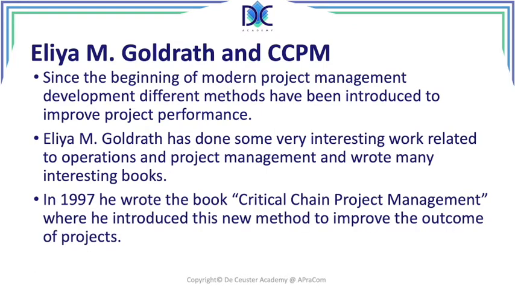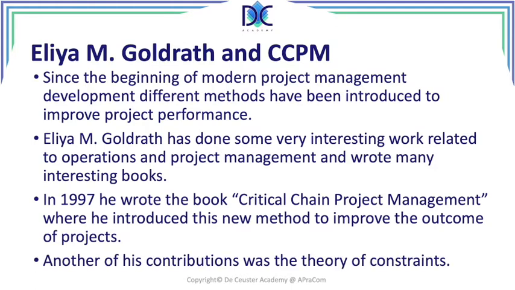Now, the book Critical Chain, which he wrote in 1997, introduced this new method to improve the outcome of projects. Another of his very important contributions, and we will look at it also in this video, is the theory of constraints.